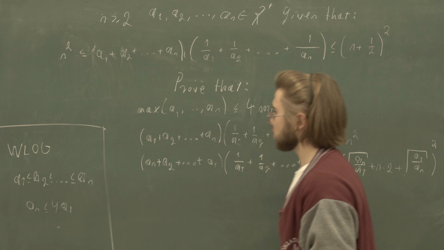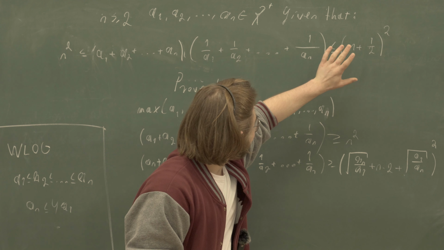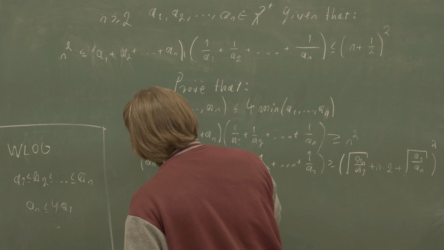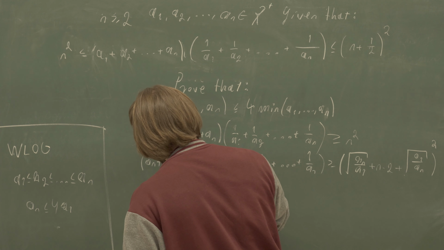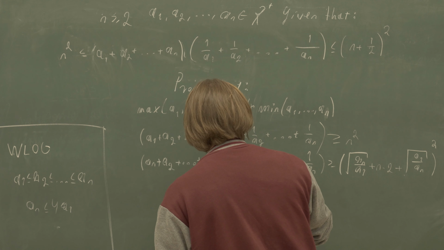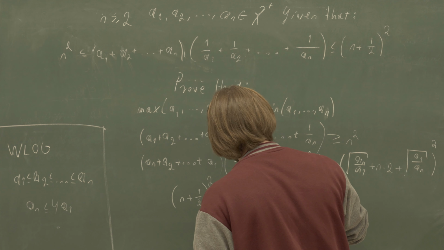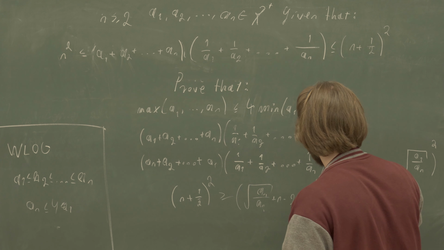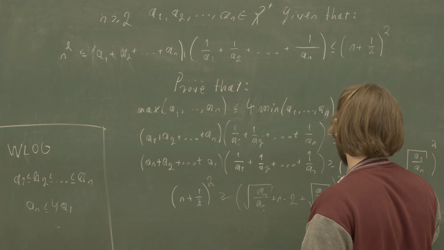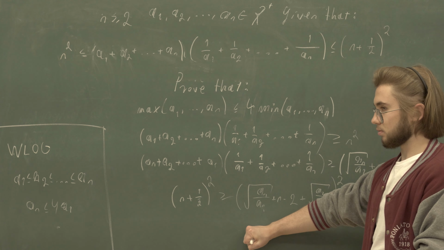So now I could go on and make a chain inequality by this stuff and also this stuff, getting in the end that (n plus a half) everything to the power of 2 is going to be greater than or equal to the square root of an over a1 plus n minus 2 and then plus the square root of a1 over an, everything to the power of 2.